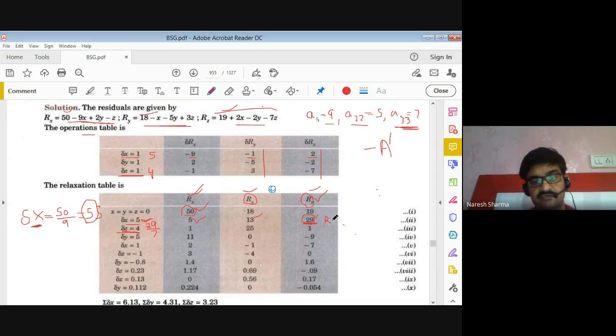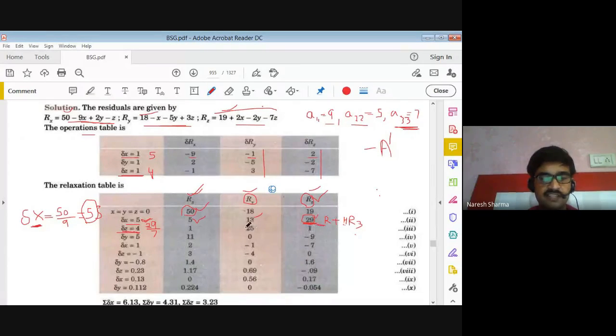I'm writing here, we multiply the third row of the operation matrix by 4 and add in this row. So here it is 4 minus 4 plus 5 is 1. 3 into 4, 12, plus 13 is 25. Minus 28 plus 29 is plus 1.